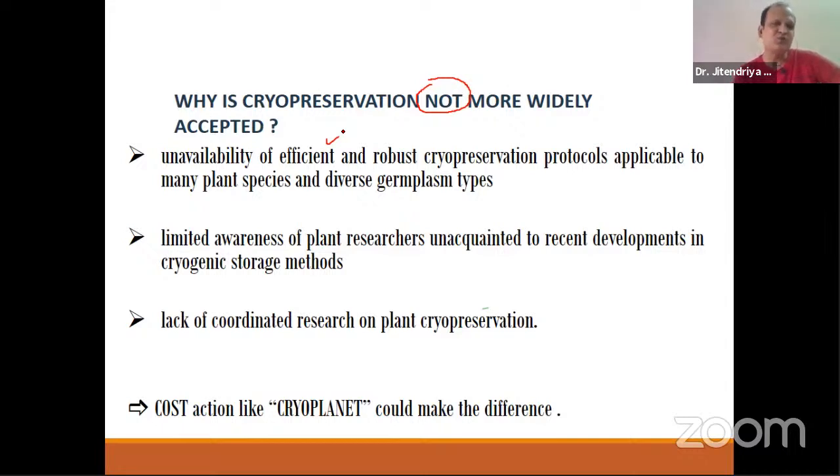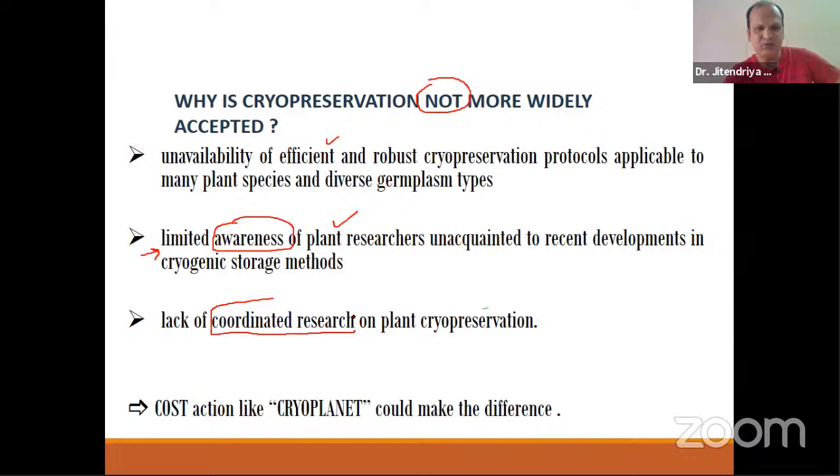No doubt you have to use it, but while using, you have to be cautious enough. Okay, then it is not so well known. Everyone is not aware of it. For that reason, this process must be learned by plant researchers so that it can become more popular. Okay. Then in some cases, there is a lack of coordinated research.